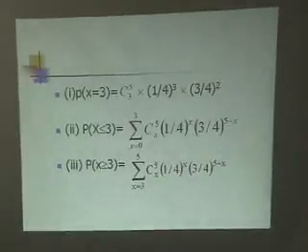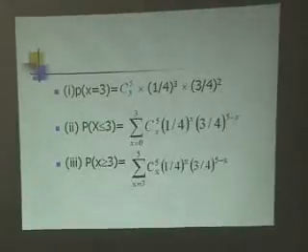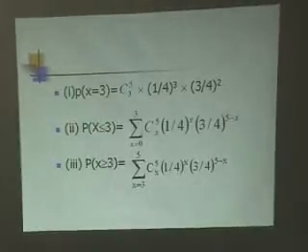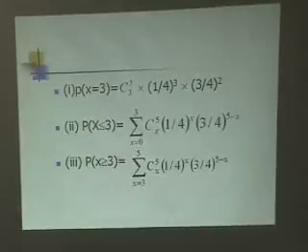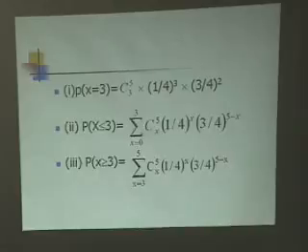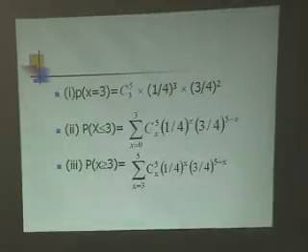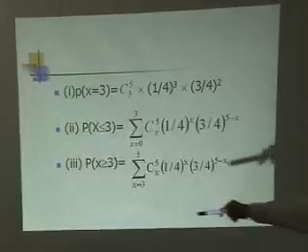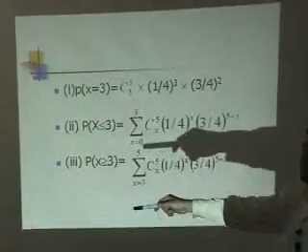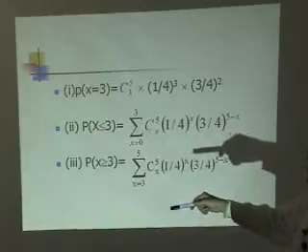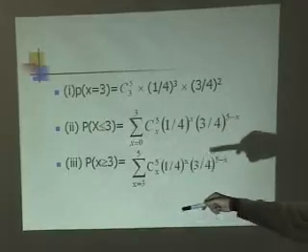Okay, then the third question, we say you want to get at least 3 hearts. The same thing. The only difference is that now it is 3, 4, 5. So here you have x equal to 3 to 5, and here you have x, and 5 minus x.